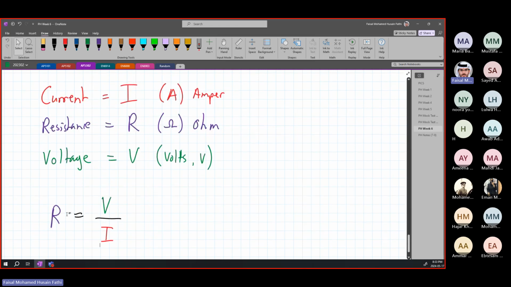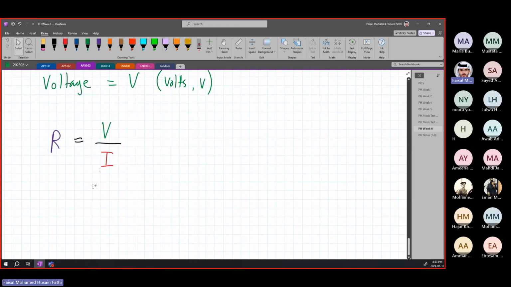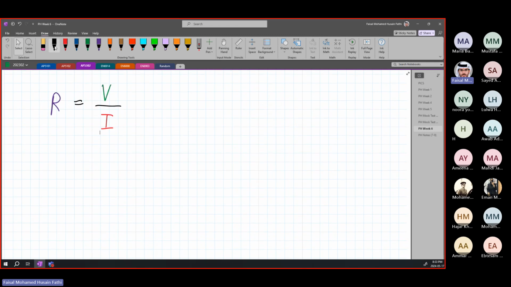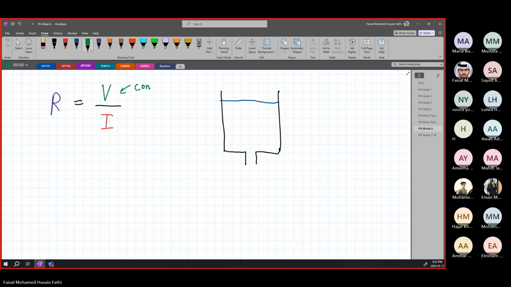Because if you notice, if we can keep everything constant here, and then let's look at the water bottle example. Okay, this is the water bottle. It's actually opened from here. It's not closed. Let's say that the voltage is not being touched. Okay, so we're keeping this as a constant. All right.